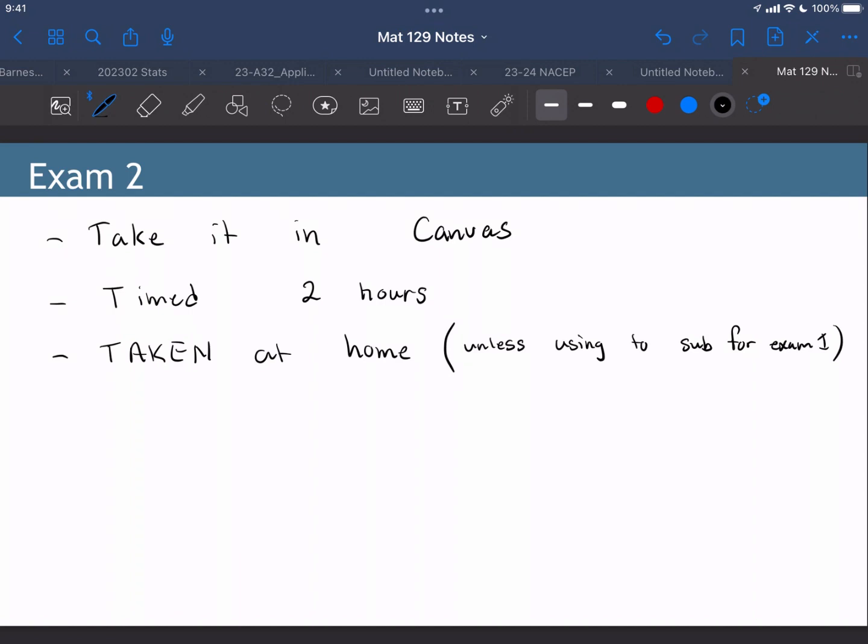If you miss exam 1, you can replace exam 1 with this exam, but since exam 1 was proctored, you would have to take this one in a proctored setting to be able to do that. And that's only for missed exams. That's not for everybody, and maybe that's seen as not fair, but it is what it is.